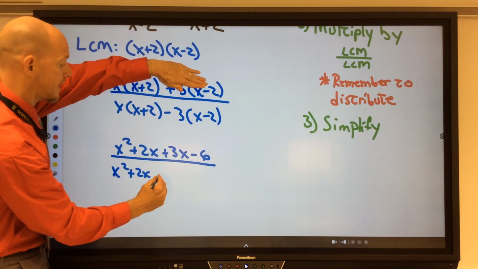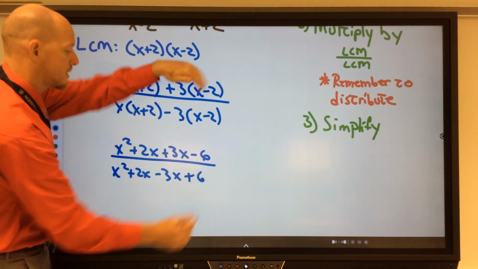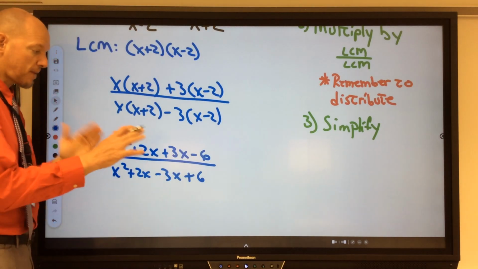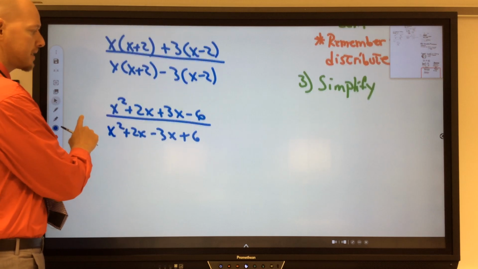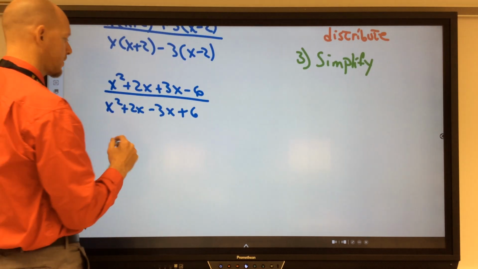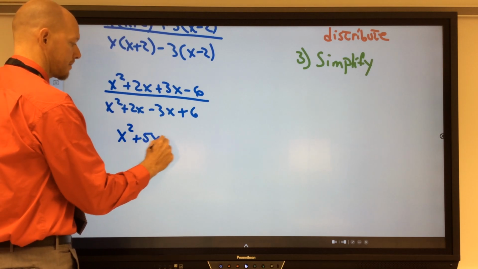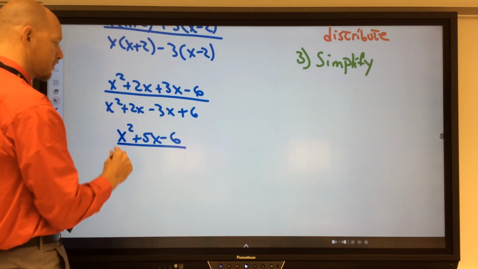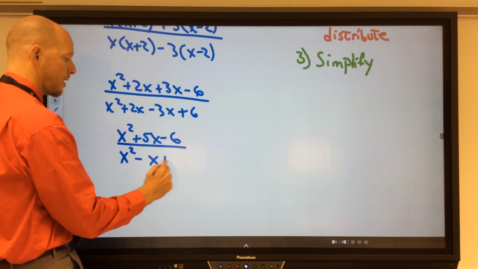I'm distributing a negative 3 this time, so this would be a plus 6. So you see we have a slightly different denominator. Finally, just wrap things up by combining our like terms. This would give us x squared plus 5x minus 6. This would result in x squared minus x plus 6.